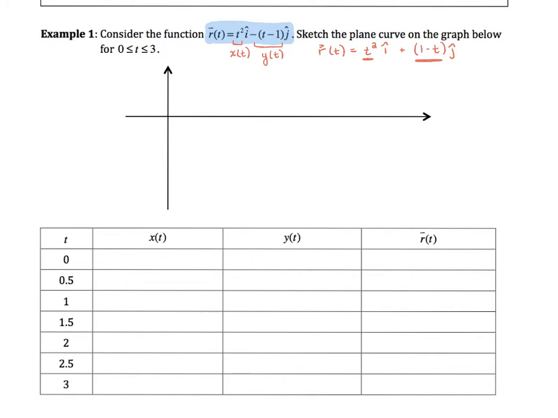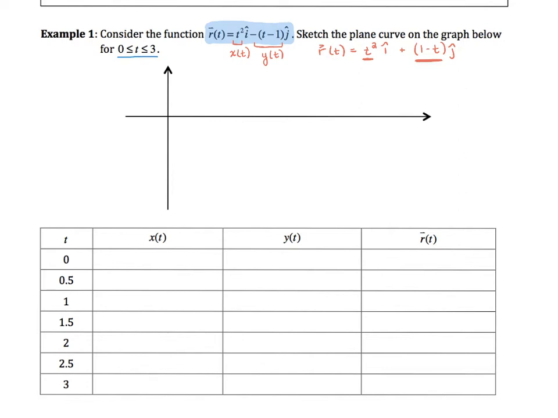Okay, and so basically what we are going to do, all right, is compute x of t and y of t, for the values of t expressed in the domain. And since the issue of domain has come up, I would like to make a note about domain in general for any sort of vector valued anything.